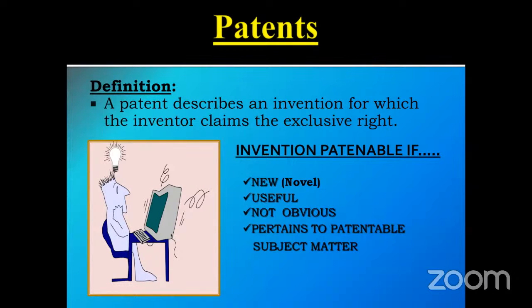So let us look at the definition of a patent. A patent describes an invention for which the inventor claims the exclusive right. So all rights are with the inventor. When do we say that an invention is patentable?